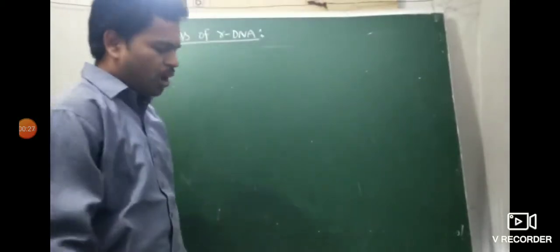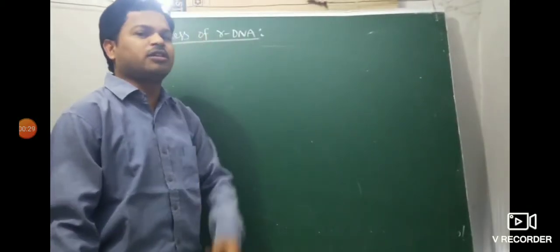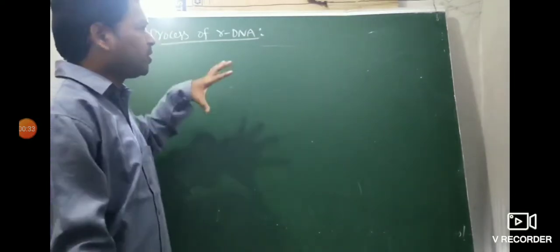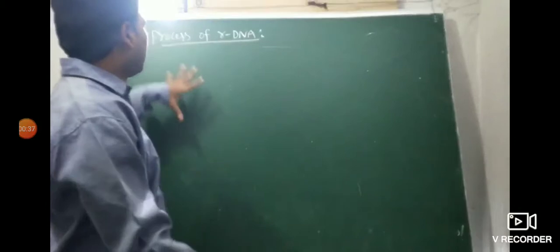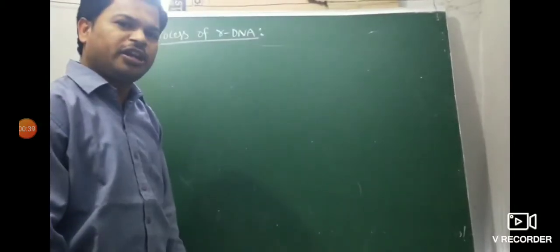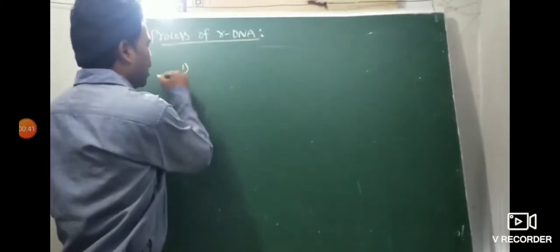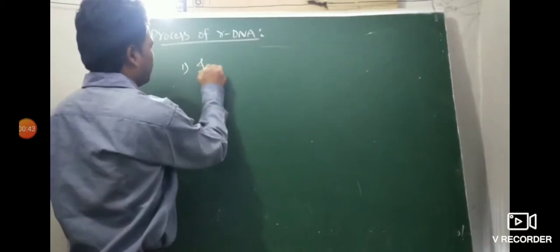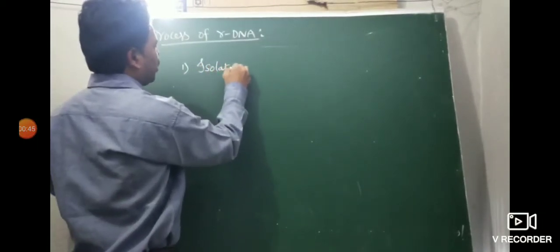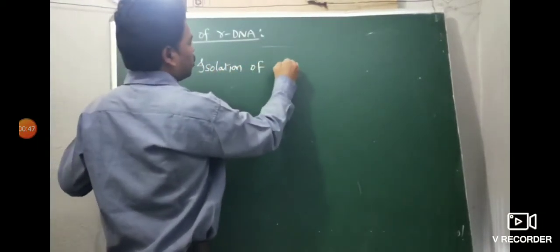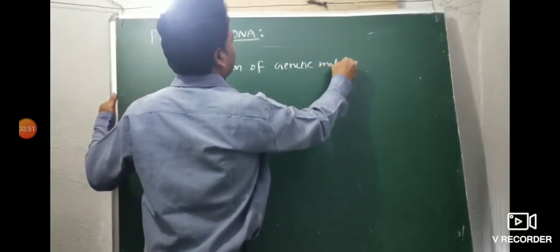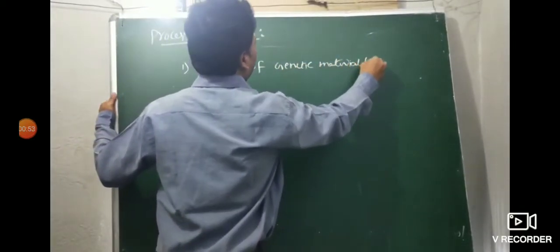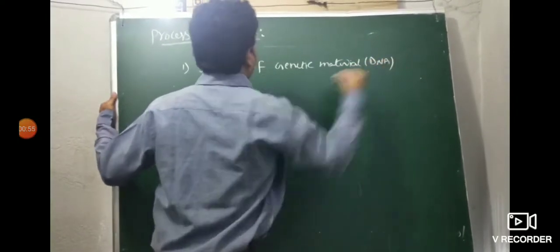For genetically modified organisms we had given three main steps, but here it is somewhat different. There are six steps present in the process of recombinant DNA technology. One by one: isolation of genetic material, nothing but DNA.